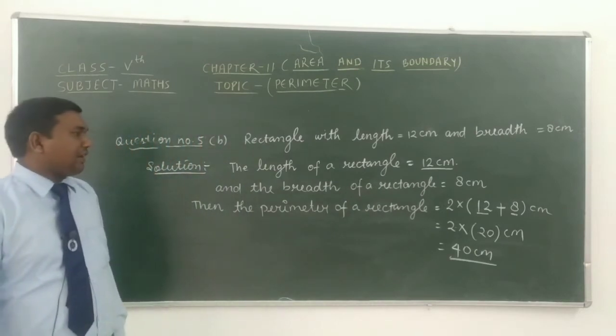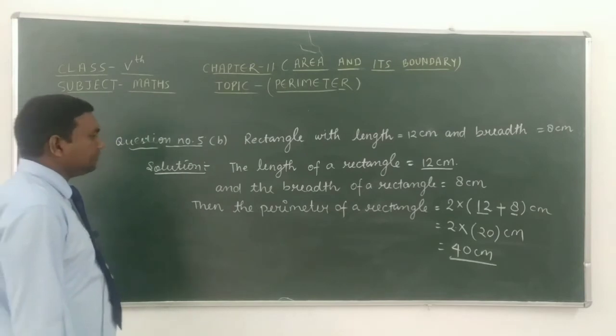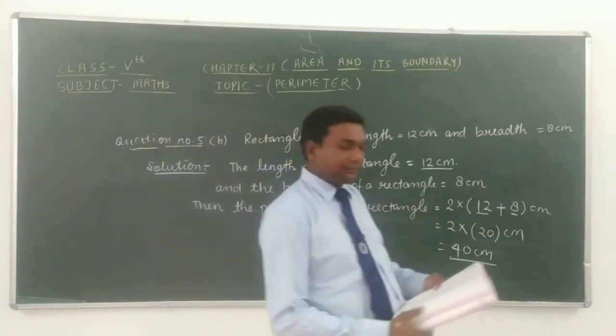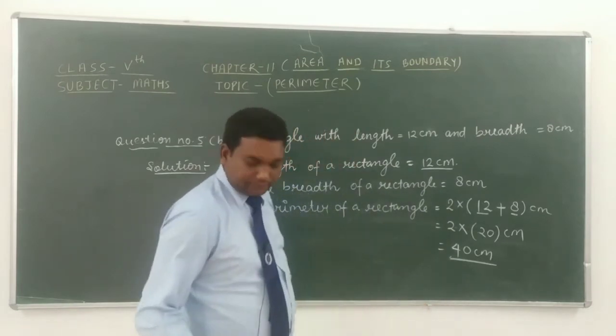Therefore the perimeter of a rectangle is equal to 40 centimeter. Understand? Okay dear students.